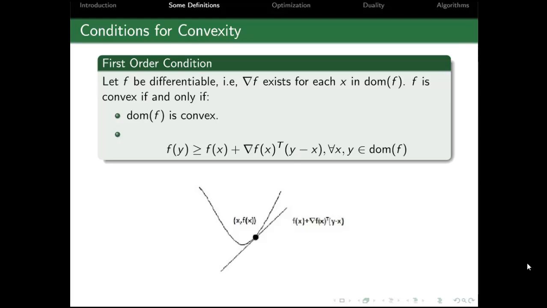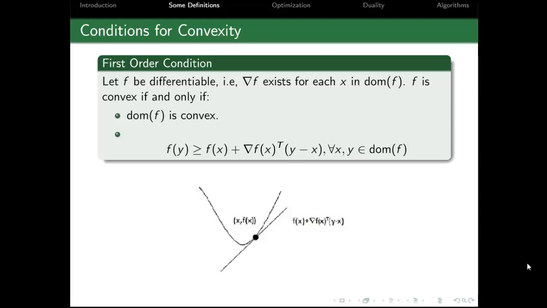Let us look at the first order conditions for convexity. Let f be a differentiable function, that is grad f exists for all x in the domain of f. So a function f is convex if and only if the domain of f is convex and this inequality is satisfied.